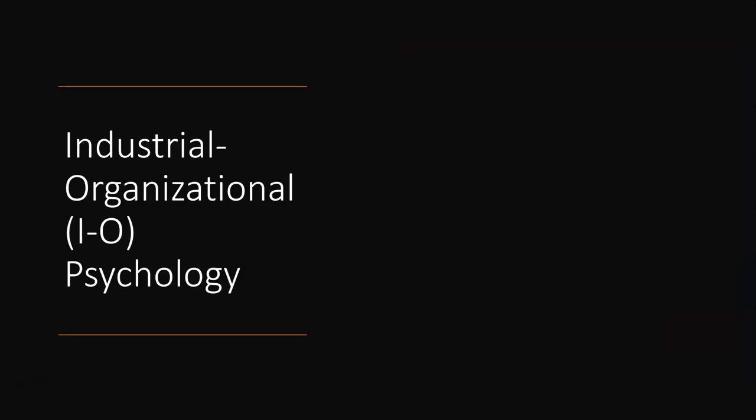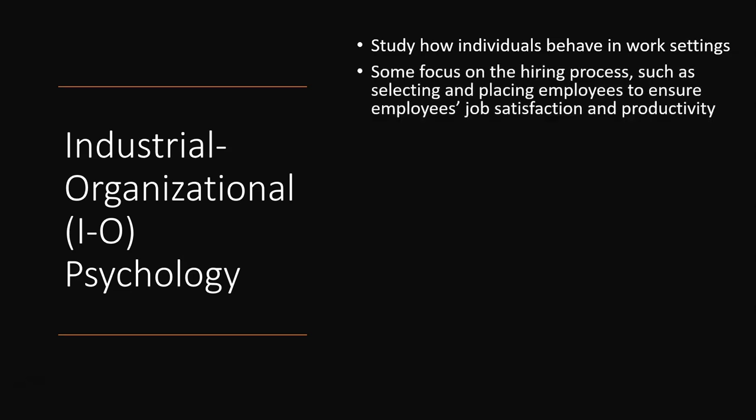We'll start with sort of an umbrella description of what industrial organizational, or more commonly called IO psychology, is all about. Most broadly, it's the study of how people act in work settings. In some cases, these are professionals who give a lot of their attention to applying research, knowledge, tools, and practices to improve the hiring process.